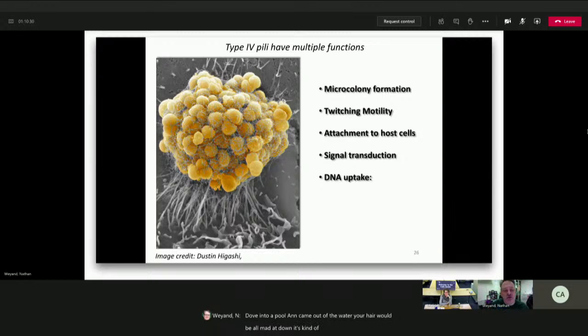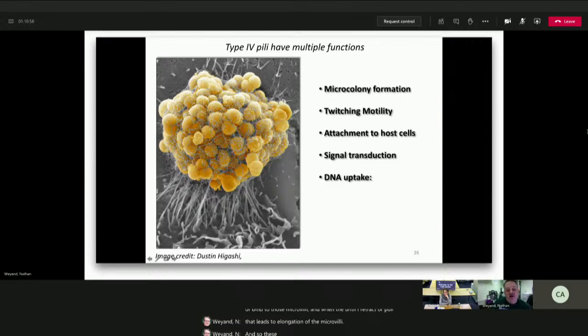Normally these type 4 pili are emanating from the bacterial cells and sampling the environment. In the top left corner of this image, there's a little protrusion from the human cell called a microvillus. The pili from the bacteria can bind to those microvilli, and when the pili retract or pull, that leads to elongation of the microvilli.